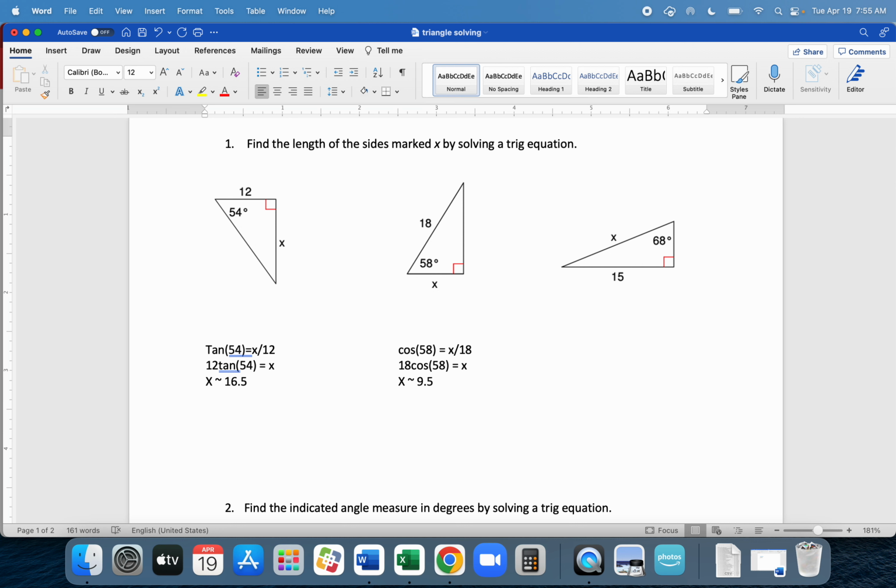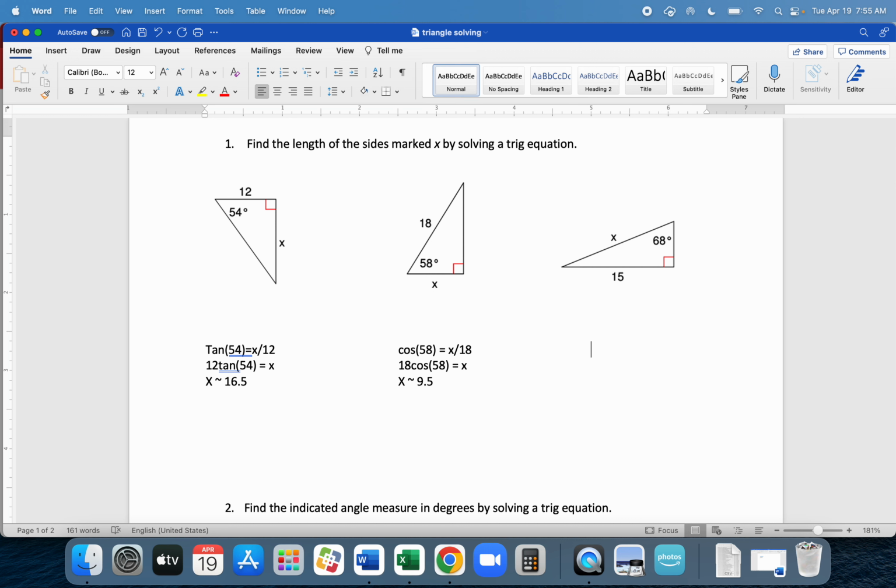The 15 is that vertical measurement. And then x would be the radius, as usual. So we're looking for the hypotenuse, or the radius. And we've got the y-coordinate, or the side opposite from this triangle. So opposite and hypotenuse, or y-coordinate and radius, that's the sine function.